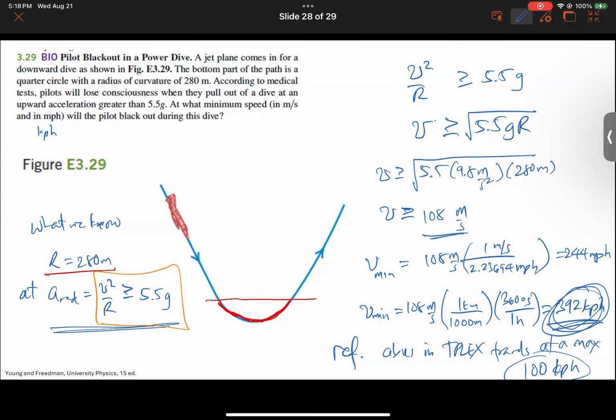Okay? So, ganyan kabilis yung mga jet fighters na yan. So, if the jet plane curves, kung ang speed niya at this point is at least 392 kilometers per hour, yung pilot na yan ay magba-blackout.